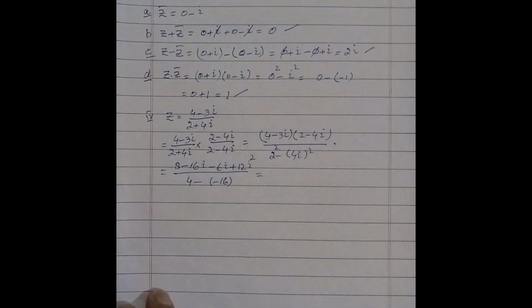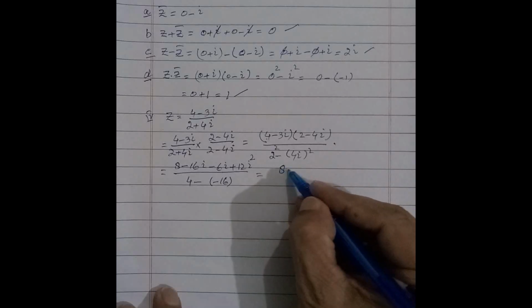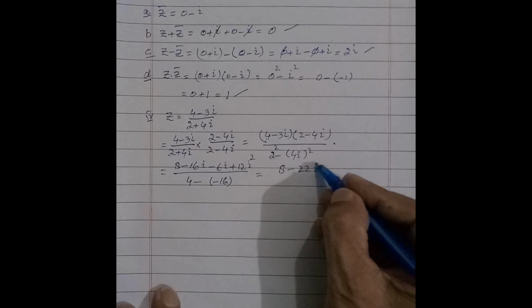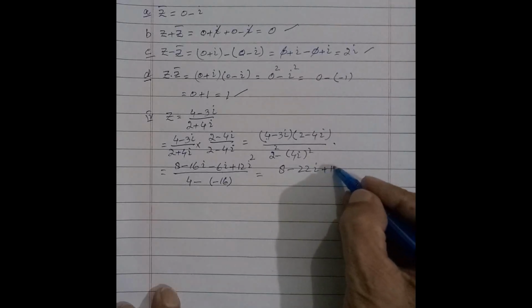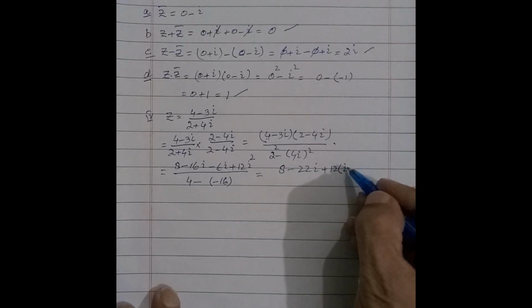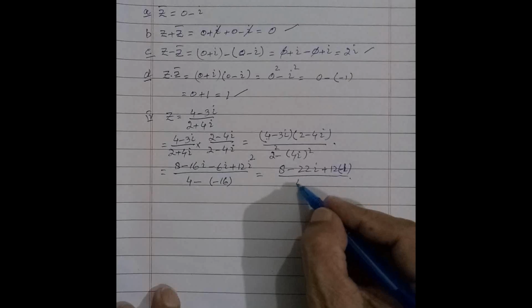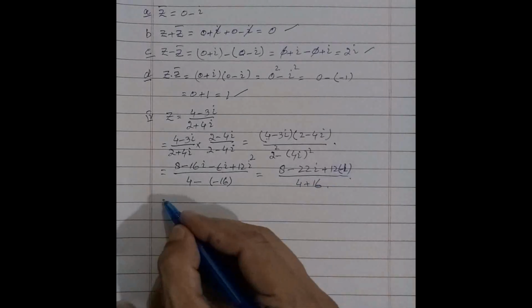Now further simplify: 8 minus 16 iota minus 6 iota is minus 22 iota, plus 12 into iota square, which is 12 into minus 1, over 4 plus 16.